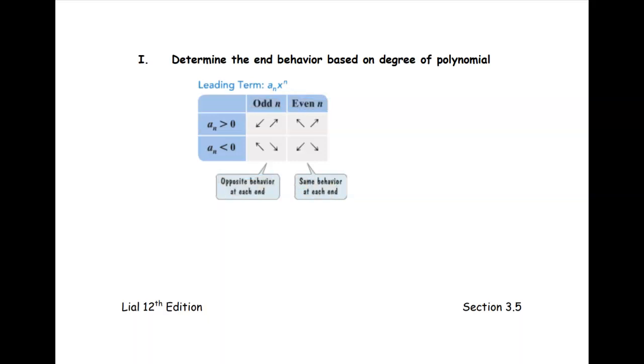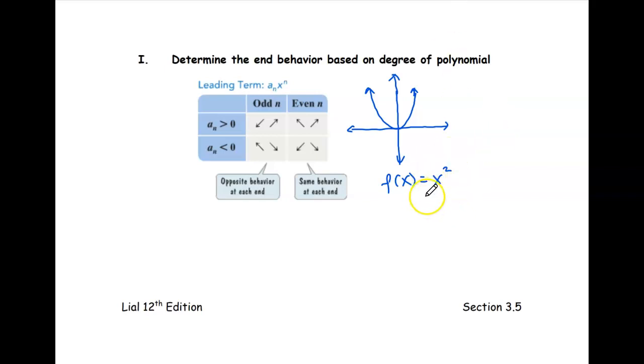To help us remember that, it would be helpful to remember the graphs of the basic functions that we just saw, namely the graph of f of x equal to x squared, this quadratic function. This is an example where the degree is even. So in this case, the graph would look like this. The ends will have the same behavior; they're both going upwards.